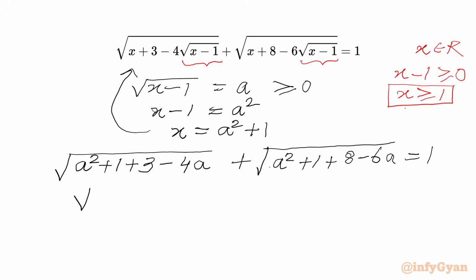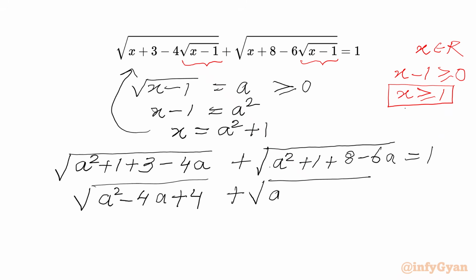Now we have to simplify. We'll write a squared minus 4a plus 4, plus square root of a squared minus 6a plus 9, equal to 1.